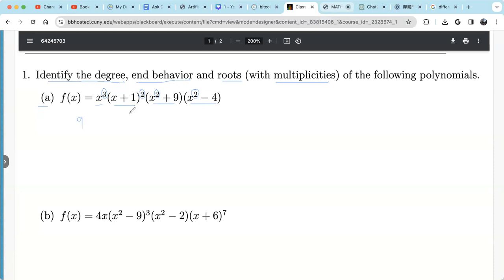End behavior, right? 9 is odd. So this is an odd degree polynomial. Remember, odd degree polynomials have 2 kinds of end behavior. Either this one with a positive coefficient, or, with a negative coefficient, the odd degree polynomial has this kind of end behavior.